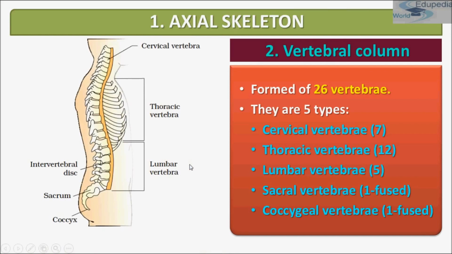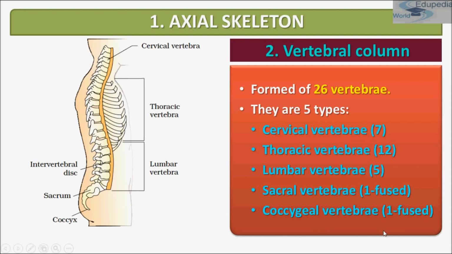Now comes the vertebral column. The vertebral column is also known as your spine. See, this is your spine, and it is formed of 26 vertebrae, of 5 types: cervical vertebrae, thoracic vertebrae, lumbar vertebrae, sacral vertebrae, and coccygeal vertebrae.